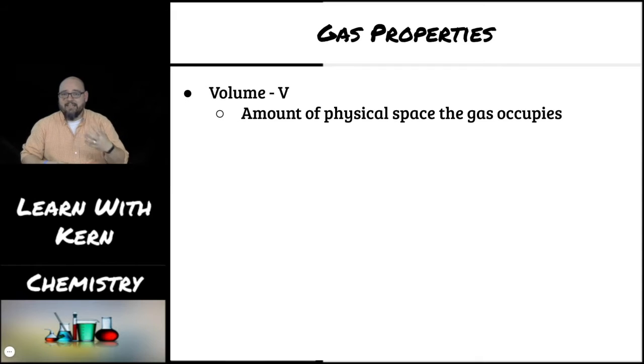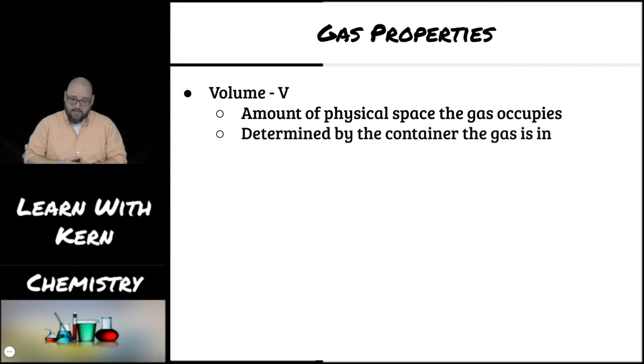What is containing the gas? The volume of that container is the volume of the gas, because as we talked before, the gas will take up the volume of whatever its container is. So the gas volume is determined by the container it's in.